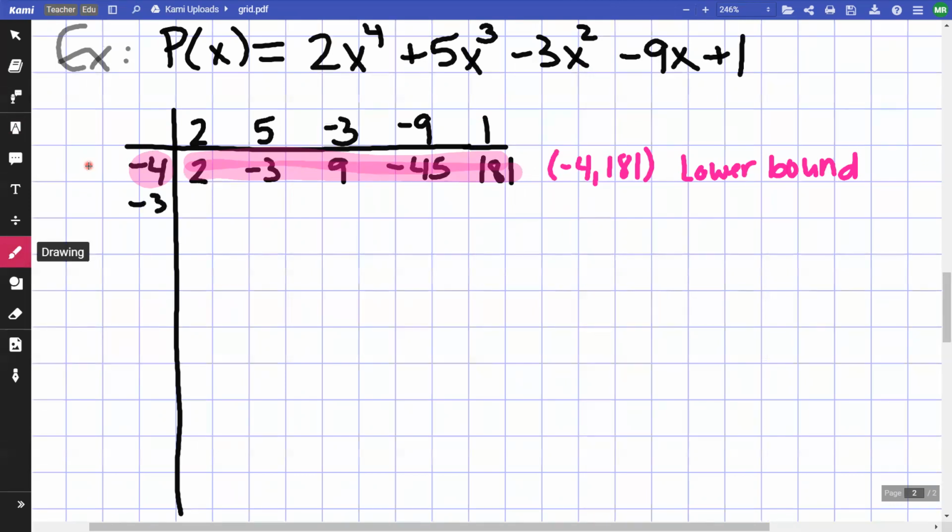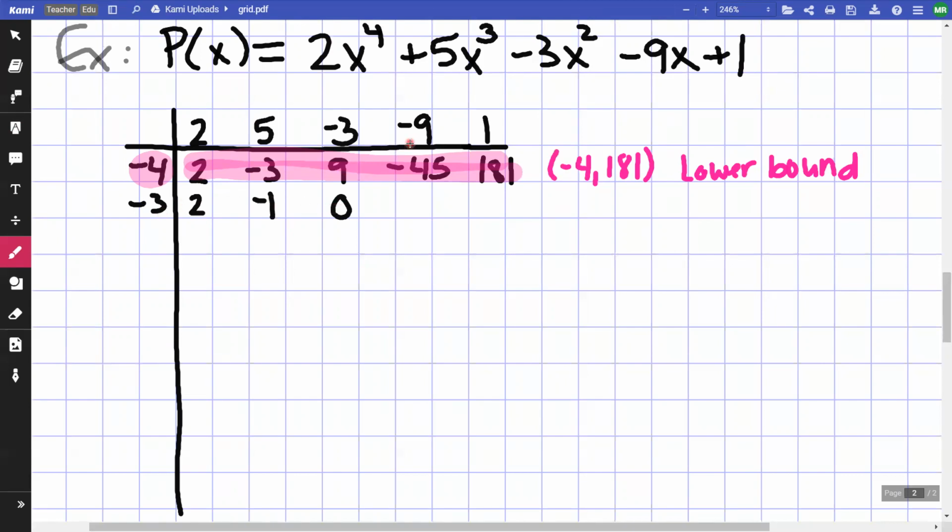Let's say I try -3. Bring it down. I get a -6. I add, I get a -1. I get a +3 when I multiply. I add, I get a 0. Now, is this -3 going to give me a 0? For sure, no. Why? Because it's not a factor of 1, right? So I know it's not going to give me a 0 as my final answer. 0 times -3 is 0.